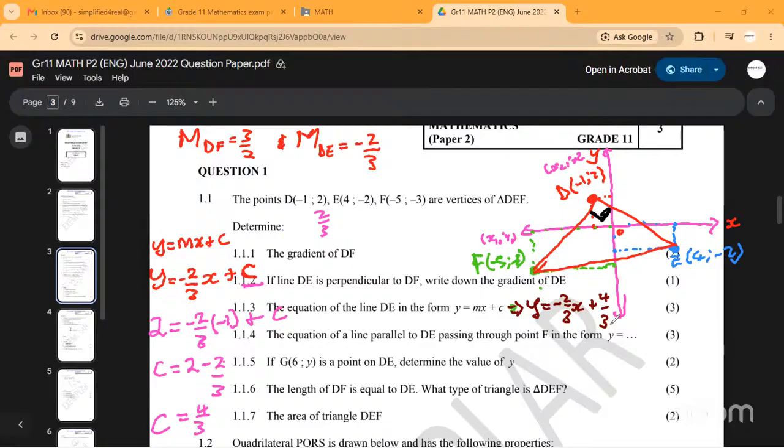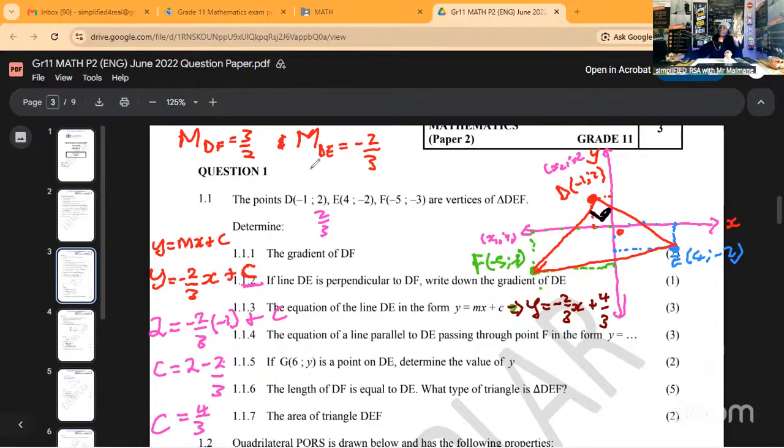Yes, given that you understood the perpendicular part to get your gradient, because otherwise, even if you never did the perpendicular thing, let me show you. Remember, after the gradient thing, we got that the gradient of dE is minus 2/3.